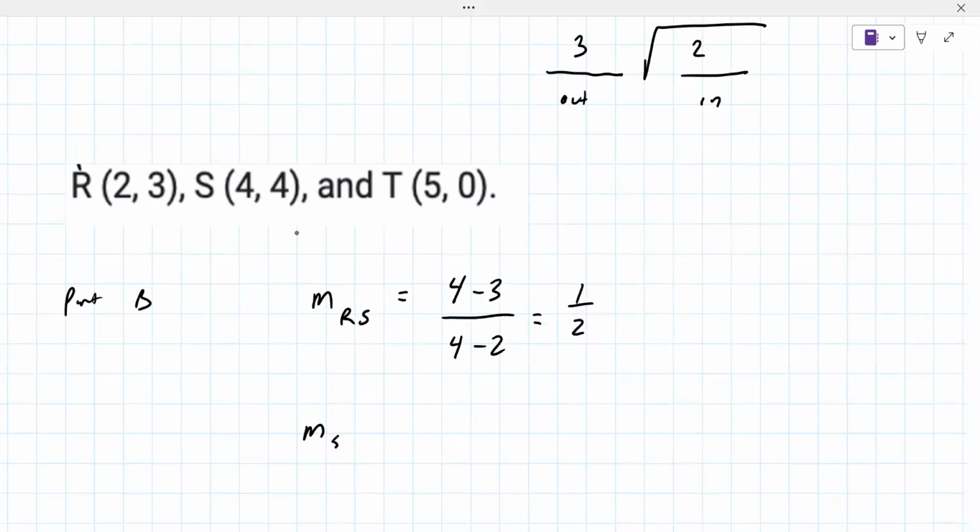Then we want to find the slope from S to T: 0 minus 4 over 5 minus 4, which is minus 4 over 1, or minus 4.